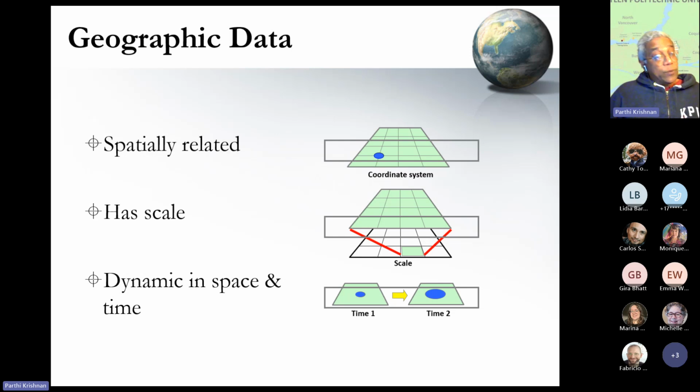There are 3 important characteristics that we need to remember. First and foremost, all geographic data are spatially related, right? Which means that every element on this earth has some form of geographic information about them. You can even consider your own self.